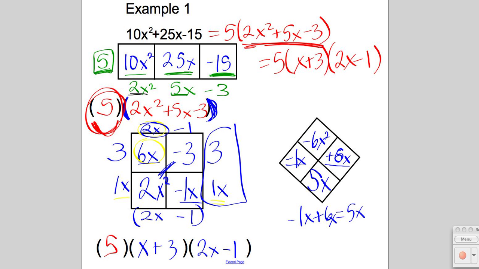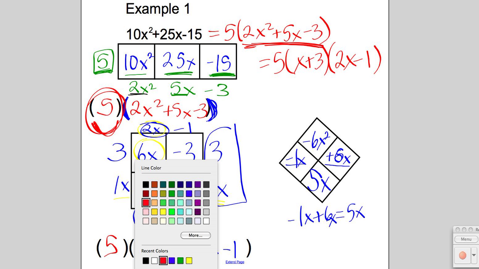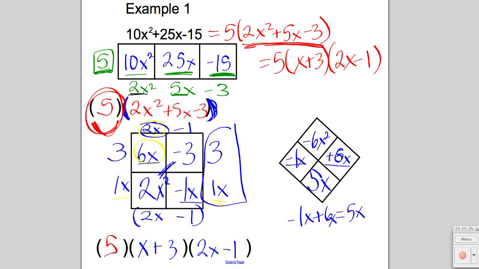All three of these are equivalent. This equals this equals this. But the correct solution to factoring completely is this final answer here, because I've written it as factored as I can.